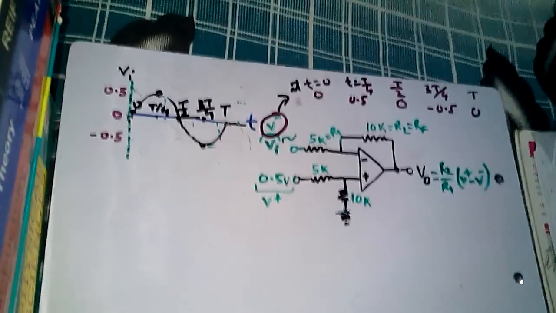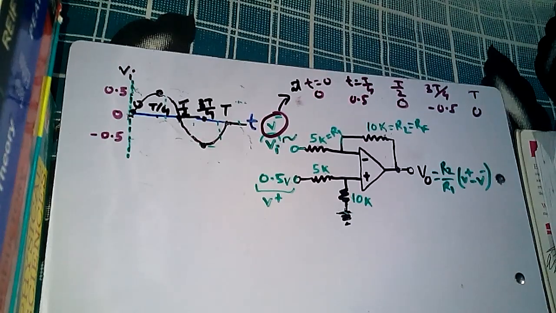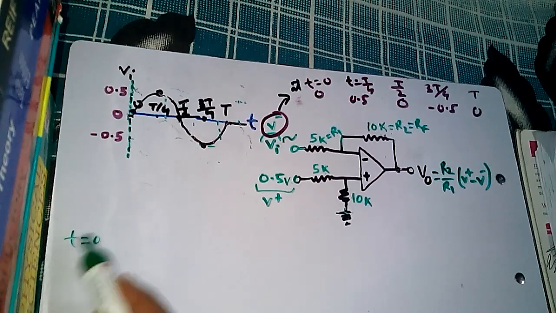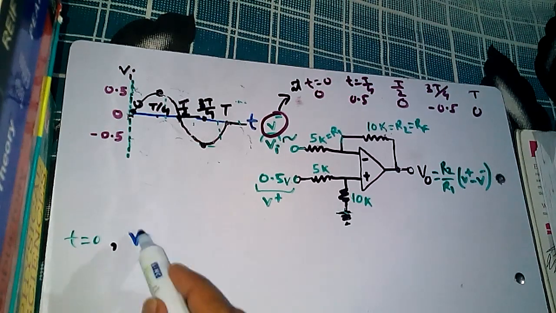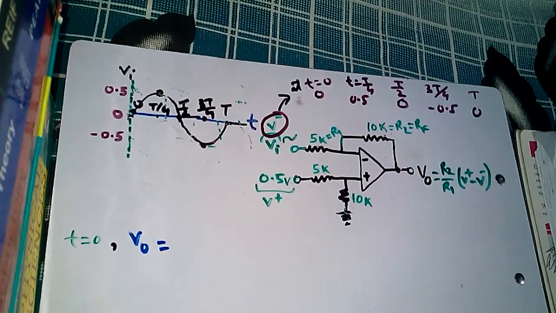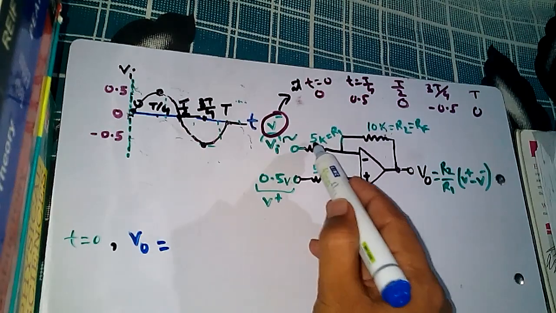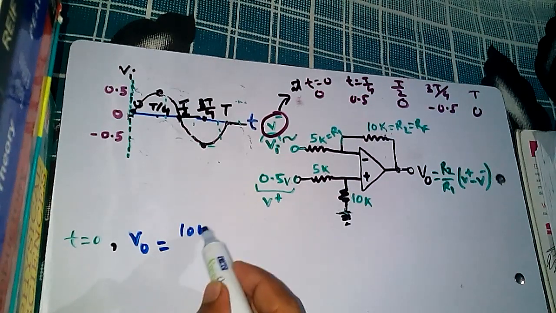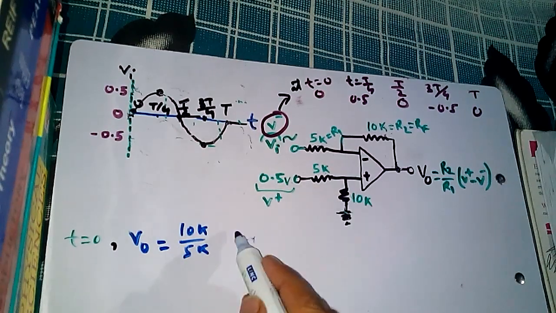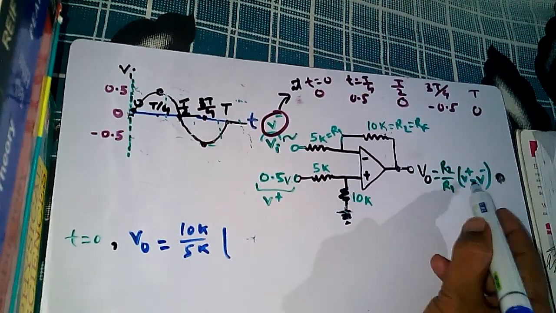So first of all, the output at t equal to 0 second. V output equals R2 by R1, that means 10 kilo ohm by 5 kilo ohm, into V plus minus V minus.